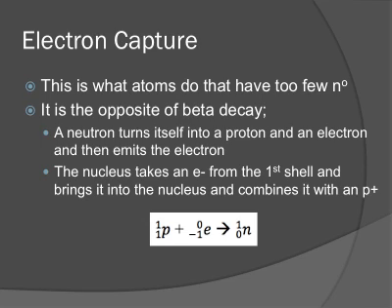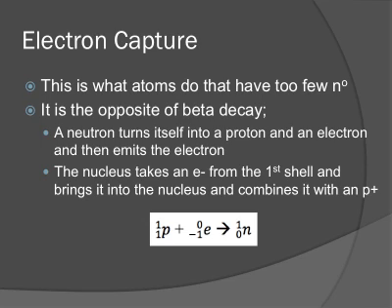So beta decay is basically an electron, right? So if this is the opposite, it's basically a neutron. You add an electron to a proton to create a neutron. For example, in beta decay, a neutron turns itself into a proton and an electron and then emits the electron. The nucleus then takes the electron from the first shell and brings it into the nucleus and combines it with a proton.